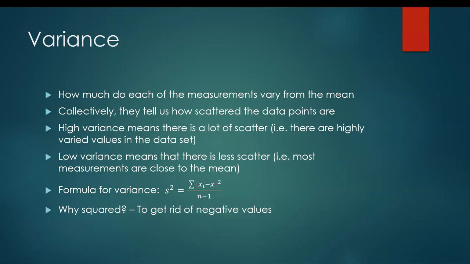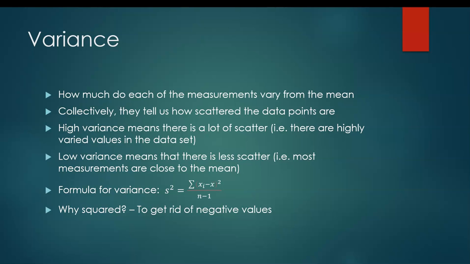So let's go through this again. Formula for variance: s squared, because we're squaring both sides. In a sense, if we were to drop the squared off of the s and the squared off of the summation in the numerator, we're really looking at a similar value, but we have to do the squaring because we have to get rid of the negatives.